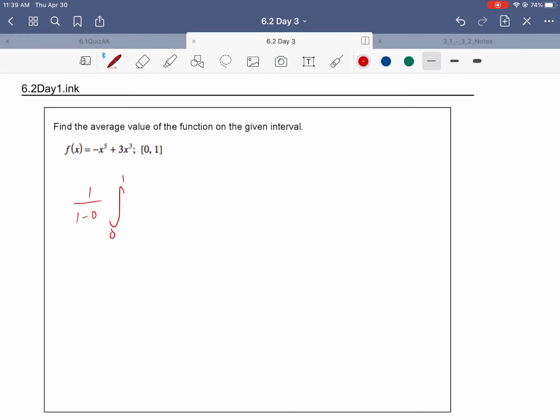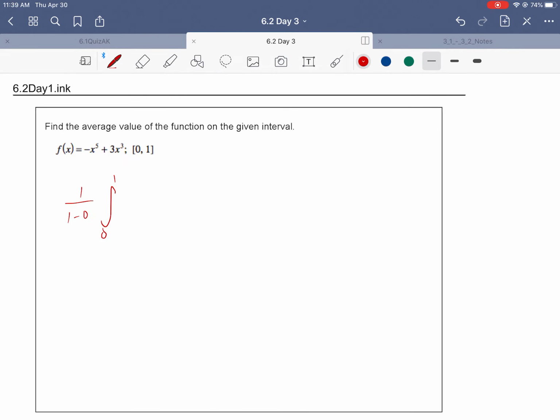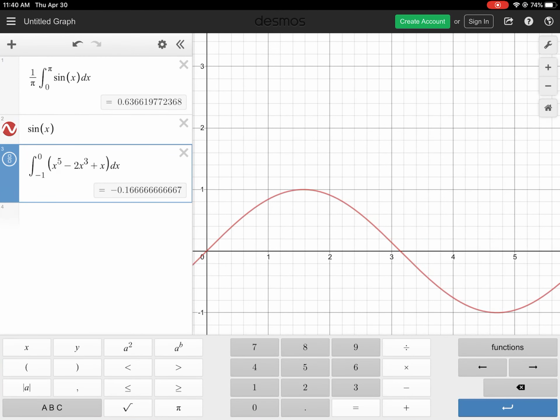Okay, back to this one. So we have negative x to the fifth plus 3x cubed dx from 0 to 1.